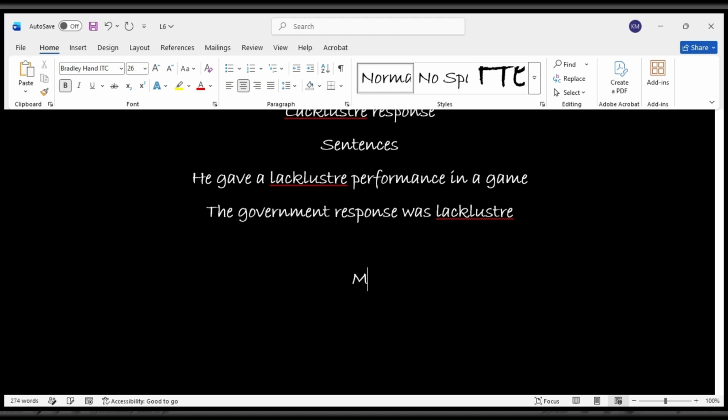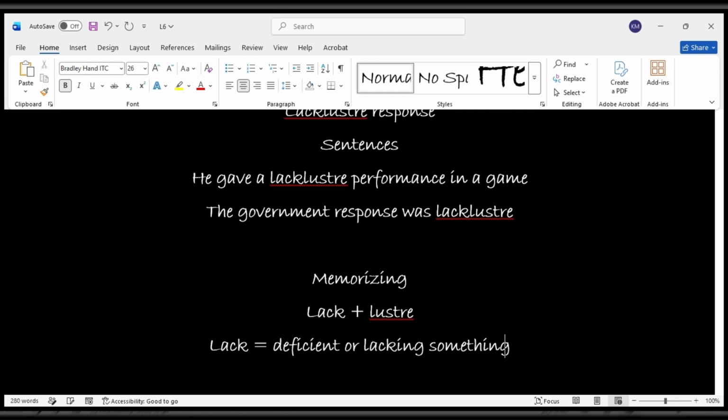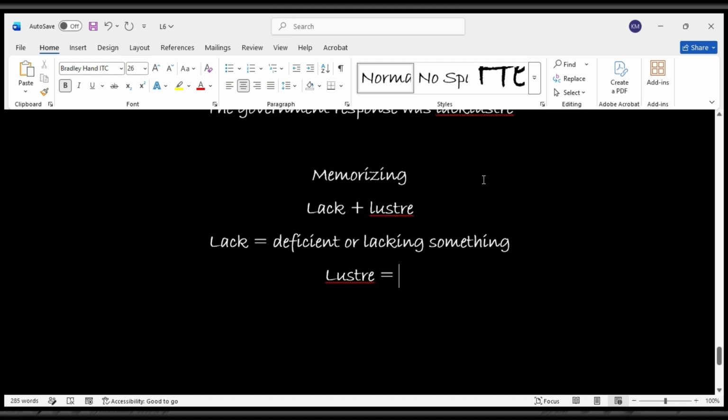Memorizing tip. Okay. The memorizing tip is very easy for lackluster. Lackluster is formed by the combination of two words, lack plus luster. Lack, as you all know, means deficient or lacking something. Okay, and luster means shine or brightness.